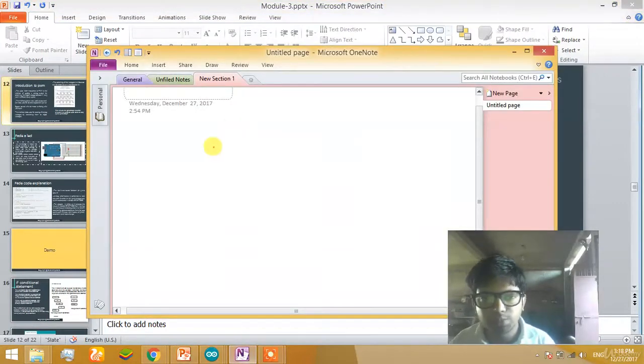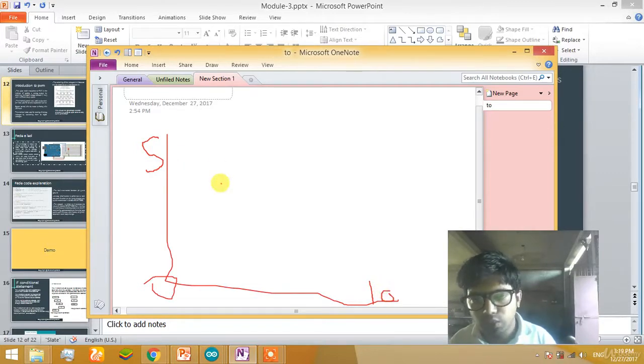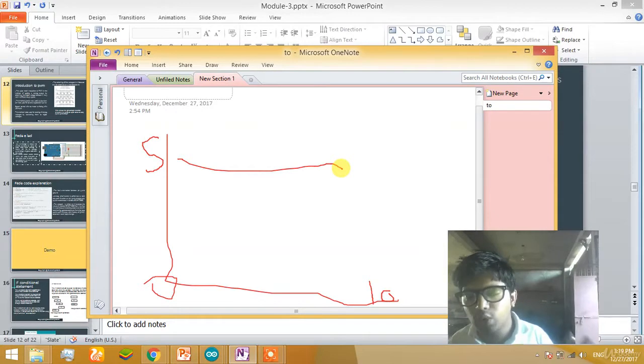Let's just see it. For example, let us say this is a graph from 0 to 5 volt and it is running in a duty cycle of 0 to 10 seconds. Now, in the normal method, getting a digital signal from low to high generates a straight line, while in PWM the portion is divided into equal time intervals.